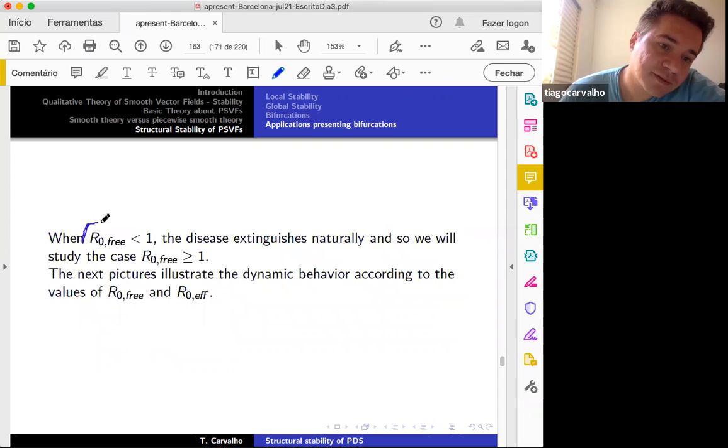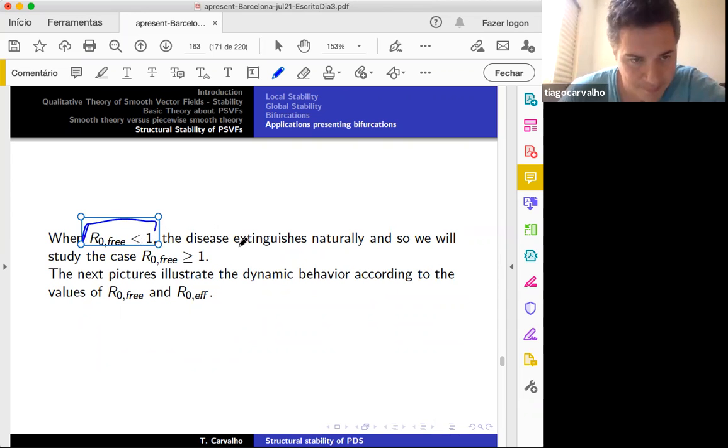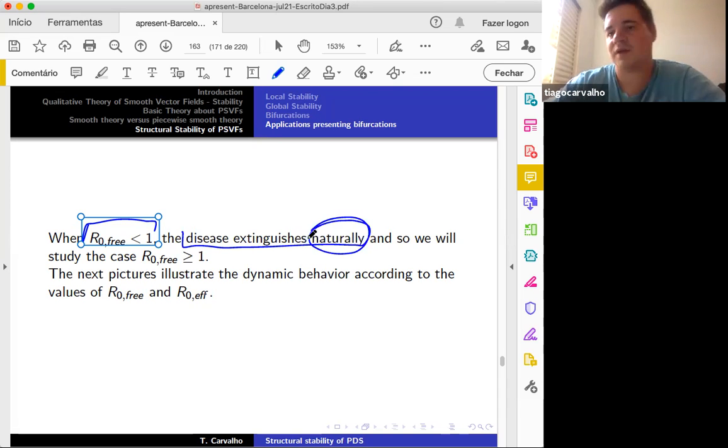When the reproduction number without restrictions is smaller than 1, this is a general fact, the disease extinguishes naturally, without any other intervention. And so we will study the case where this number is bigger than 1.